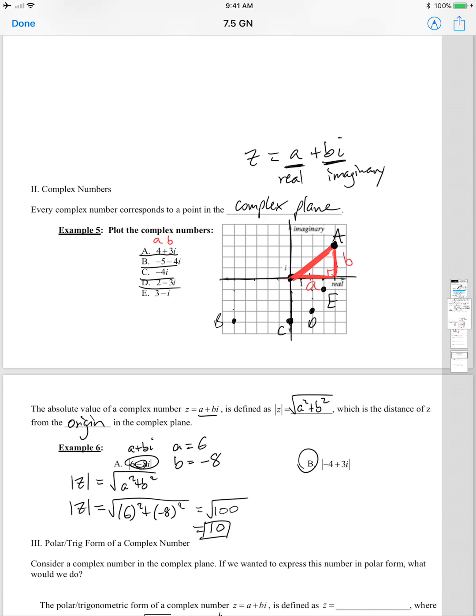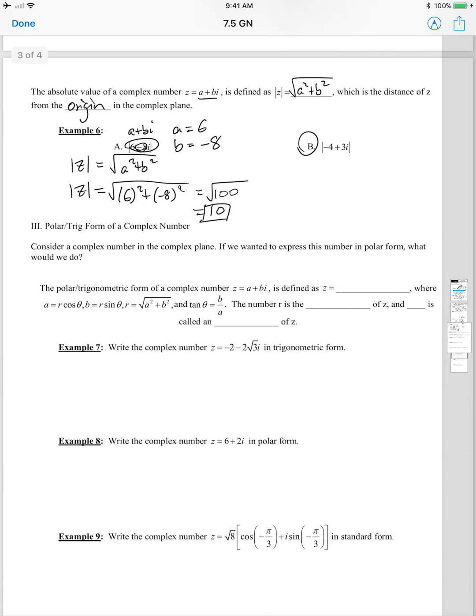I can define this letter a right here, 4 plus 3i, in polar coordinates. And there's tons of reasons why we do that and why it makes other things in math so much easier. And I'd love to talk to you about that, but I don't want to make this a 3-hour-long video. So let's talk about what the polar form of a complex number will look like.